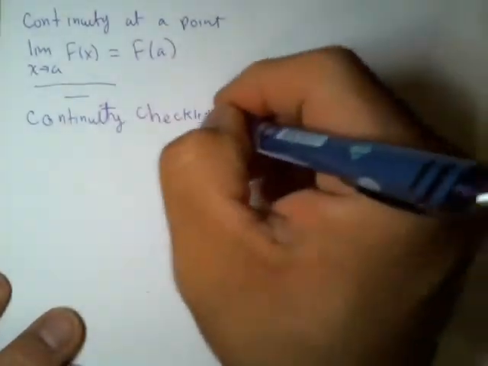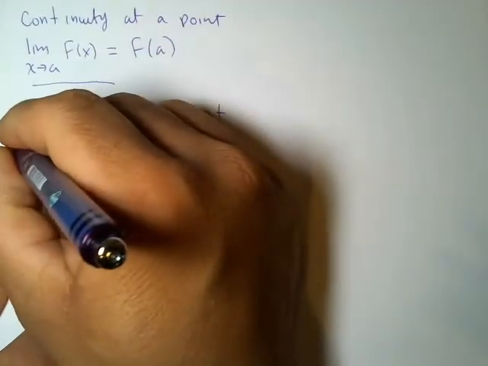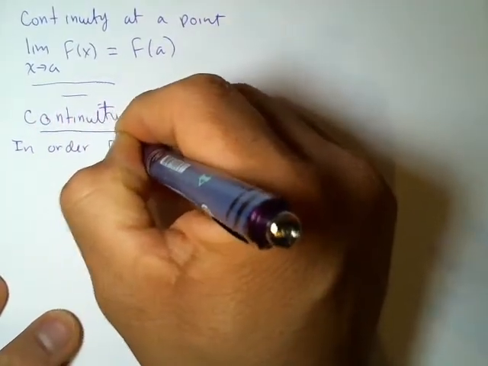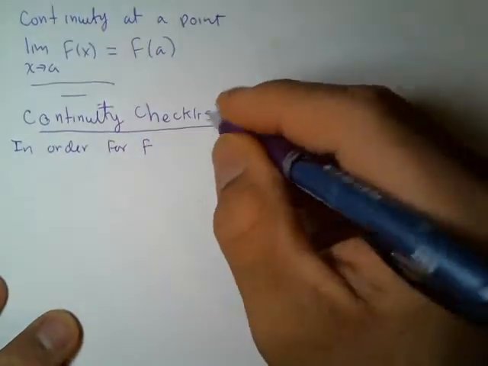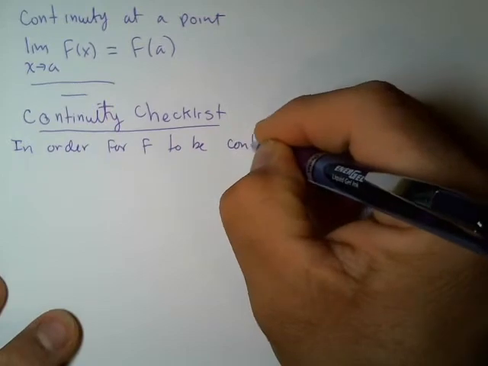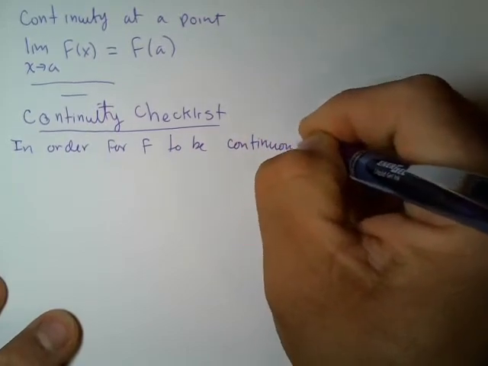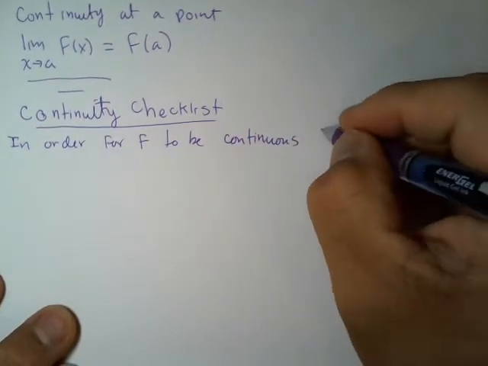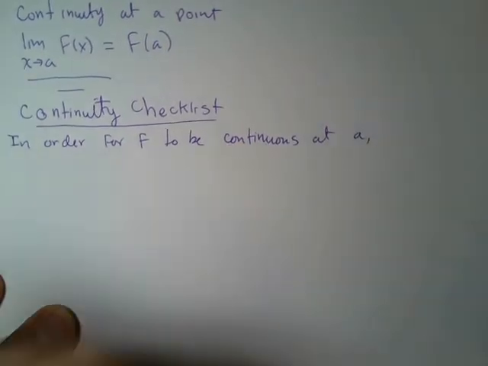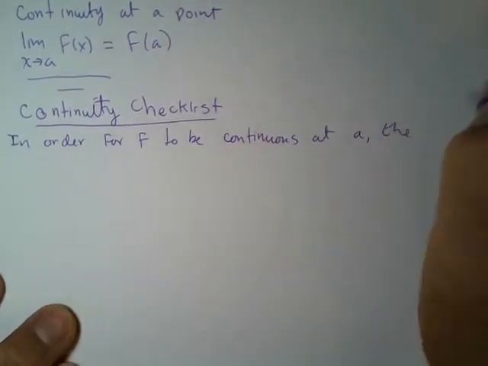In order for f to be continuous at a, where a is again some arbitrary value, the following three conditions must hold.